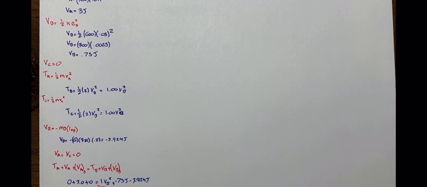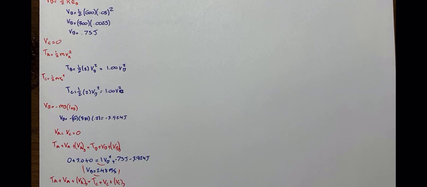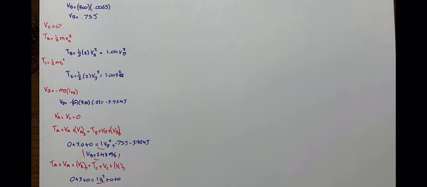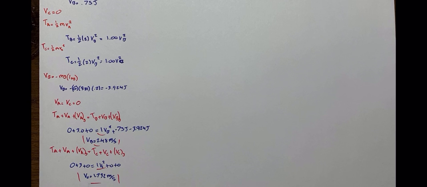Knowing that TA is 1/2 mv squared, and TB is 1/2 mv squared, TC is also 1/2 mv squared, we can plug in the ones we know and solve for VA and VC, which are equal to 0, and VB is equal to negative 3.924 joules.